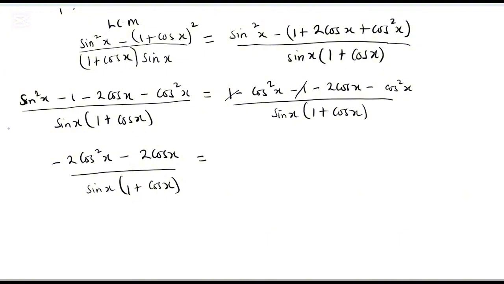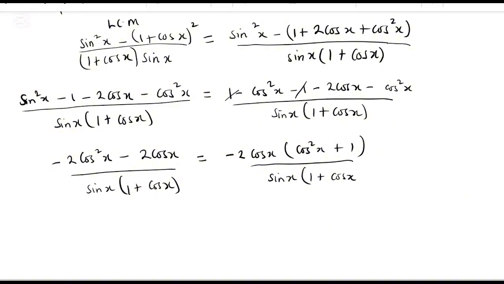This is equal to, so minus 2 cos x is common here, then we have cos x plus 1 over sine x times 1 plus cos x. So this is not squared, right? It should be ordinary cos.